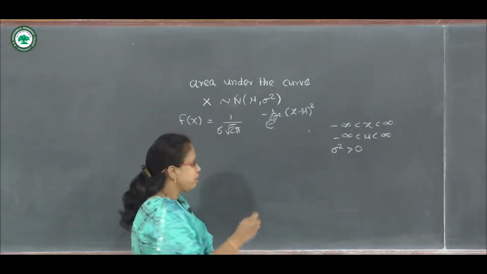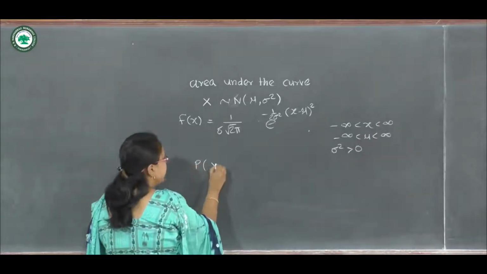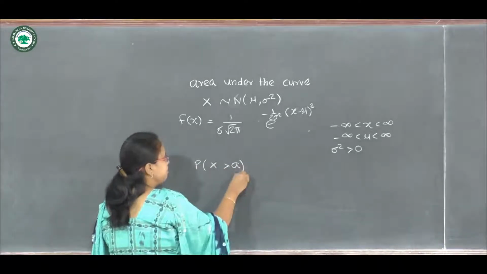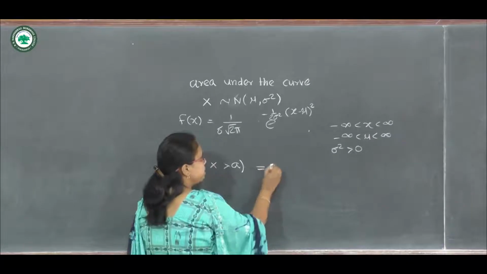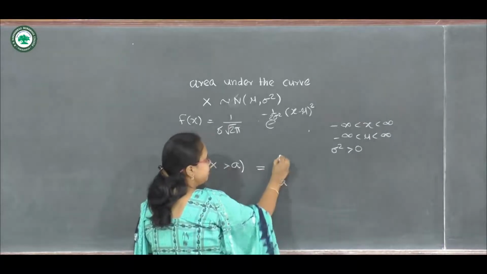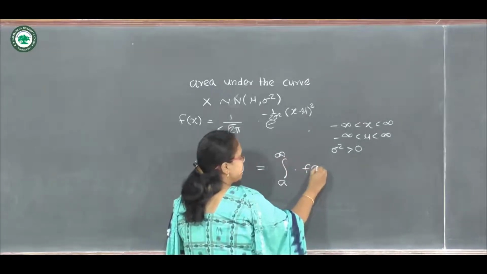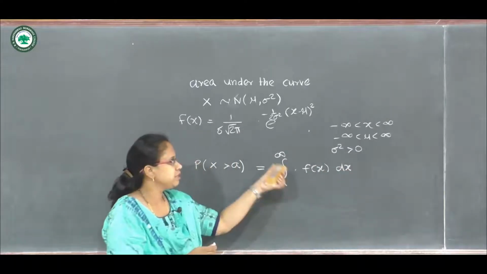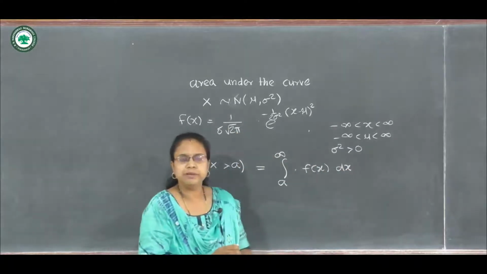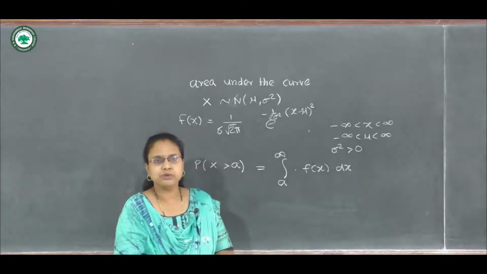Suppose we want to obtain probability of x greater than a, then this area can be obtained by using our formula: integration a to infinity of f of x dx. Then if we substitute this PDF here, it becomes a little bit tedious to obtain it.